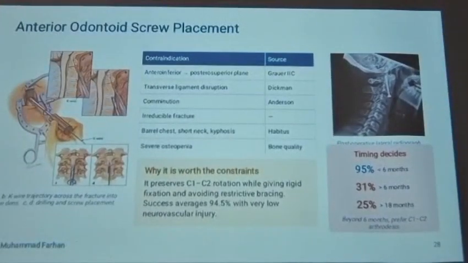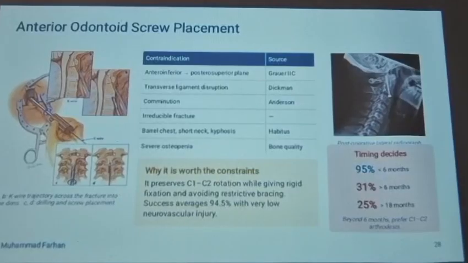In transverse ligament disruption, some books have suggested that C2 odontoid screw placement should not be done, but I could not find the reason why they said that. And in irreducible fractures, if the C2 fractured body is high above, the screw does not reach there.